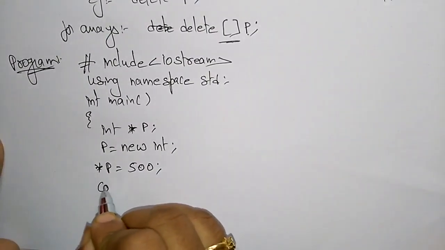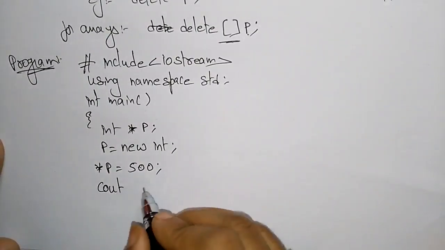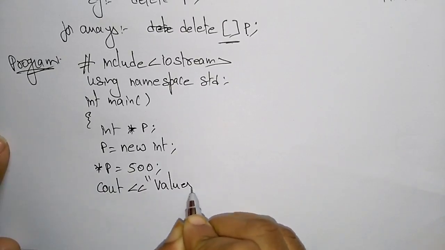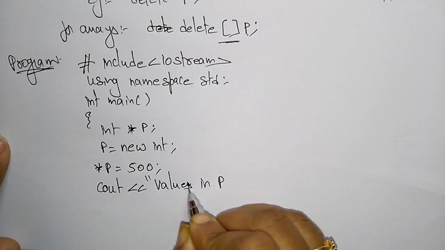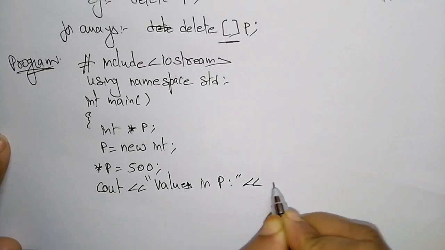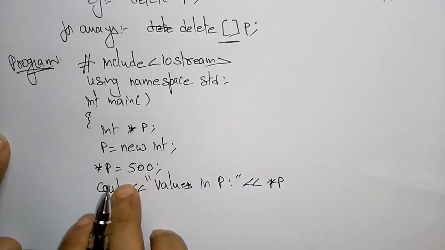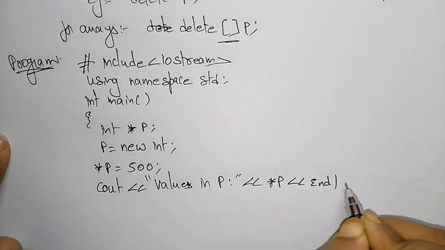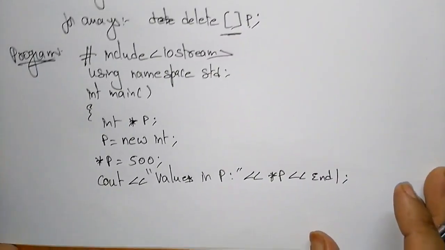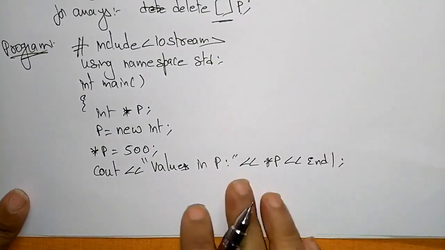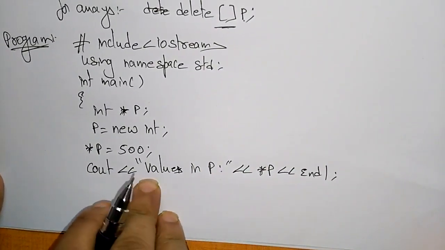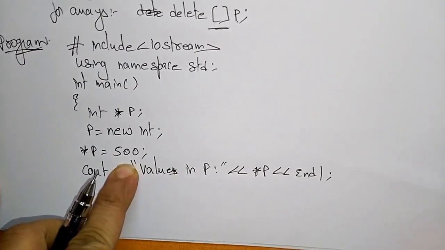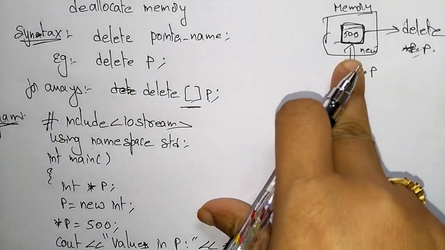Then, to print it, cout "value in p is", and print that pointer value. I hope you are understanding the program I am writing. I allocated the memory and entered the value 500 in that memory allocation.